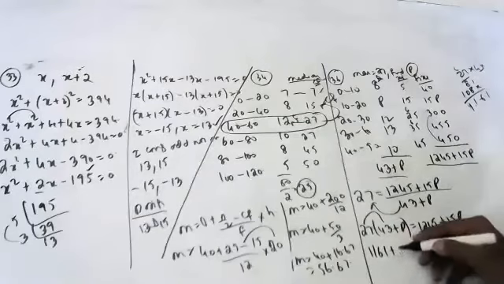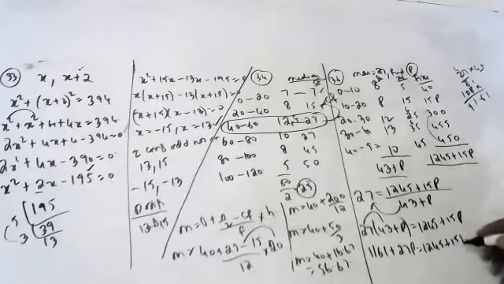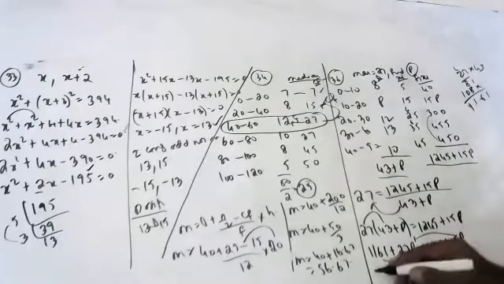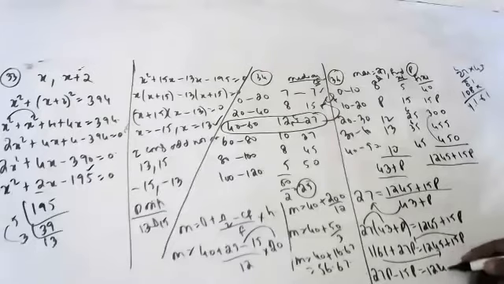Yes, sir. 1161 plus 27p is equal to 1245 plus 15p. Children, this goes here, this comes here. 27p minus 15p is equal to 1245 minus 1161. So 27 minus 15 is 12p, children.